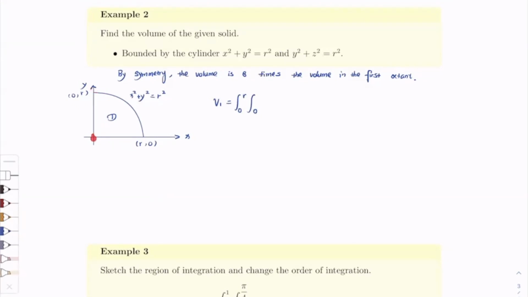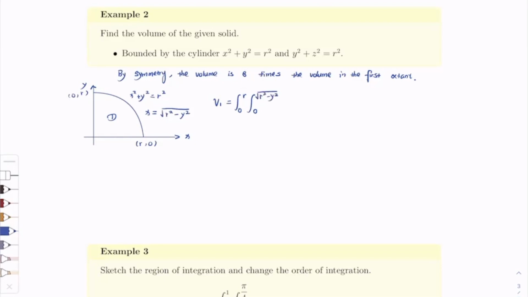For X, it is from 0 to this graph, but you need to write it as a function. So since X squared plus Y squared equals R squared, your X will be the square root of R squared minus Y squared. Okay? So X is from 0 to the square root of R squared minus Y squared.